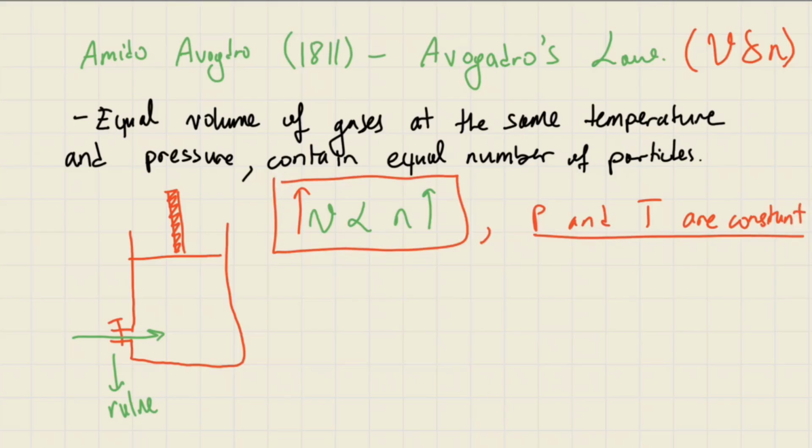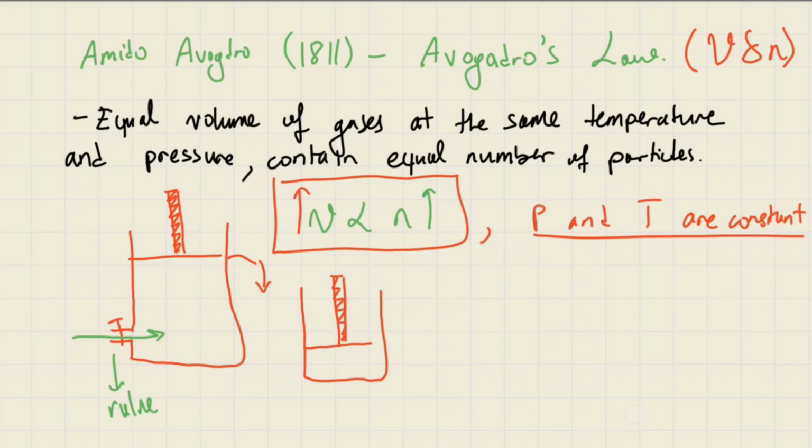And we can write the relationship between two states. For instance, if we take gas out, this piston decreases, since they are proportional to each other.